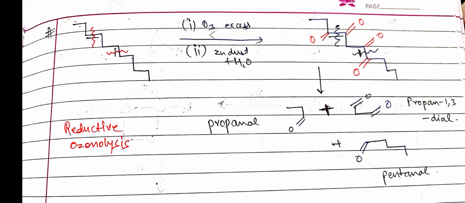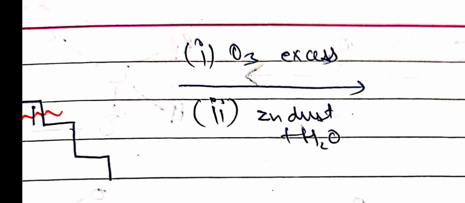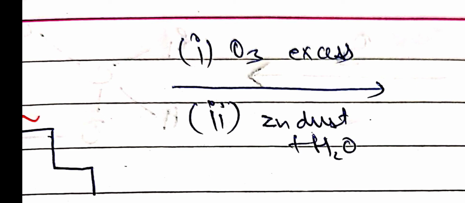A special fact to know: I have taken this example as well. As you can clearly see, this compound has two double bonds present, and the reaction says that we add excess O3. It's very important to mention that, because sometimes if you do not write excess, the candidate thinks only one bond will be broken.